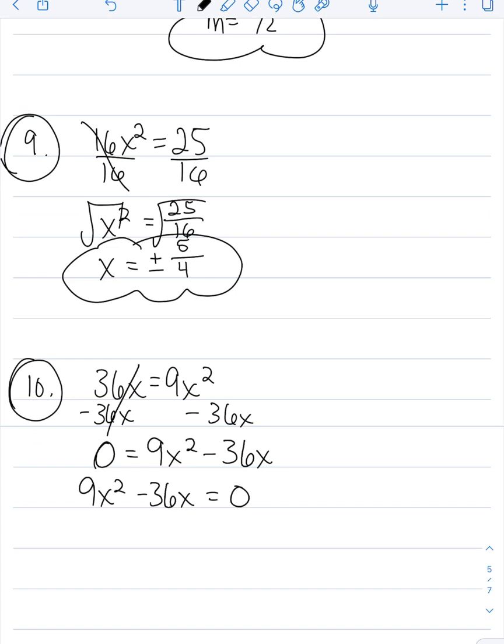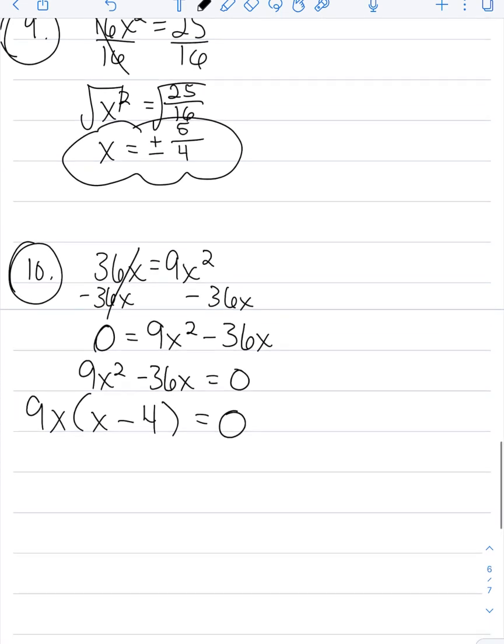Now, I can see two strategies that I can use here. First, I see a greatest common factor of 9x. So I'm going to factor out 9x. I'm going to be left with x minus 4 equals 0. And then I want to set each of those factors equal to 0.